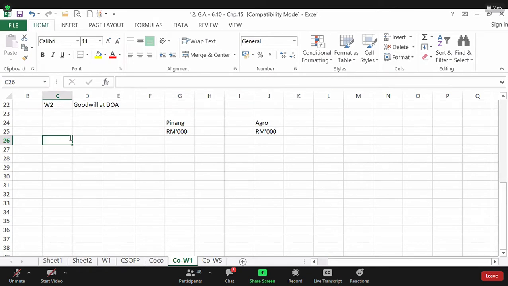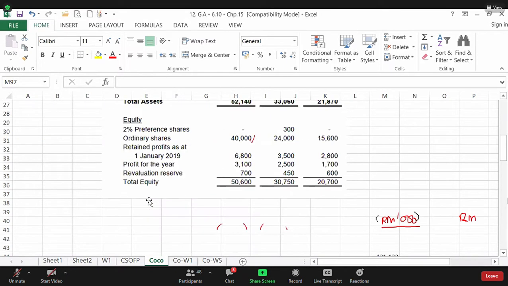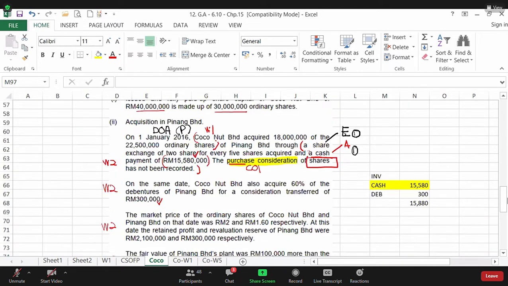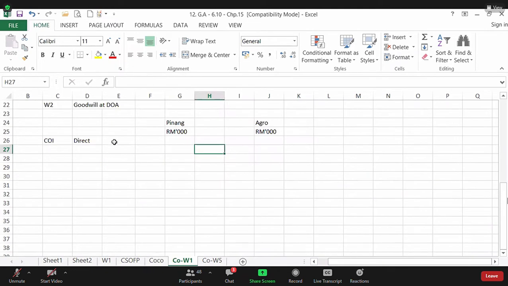So our cost of investment consists of two approach. Direct: how do you pay in order to have a direct acquire in Penang? You pay in term of two approach. You pay using a share, you pay using a cash. So which one is already recorded? The one who already recorded is the cash.